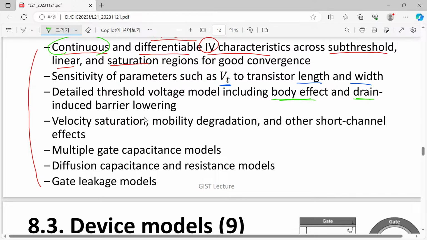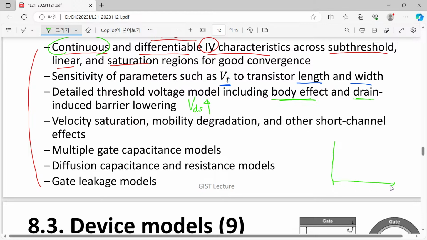So this is DIBL. Have you heard about DIBL? I remember that we have covered the effect called DIBL. When we have higher and higher drain voltage, our transistor conducts more.